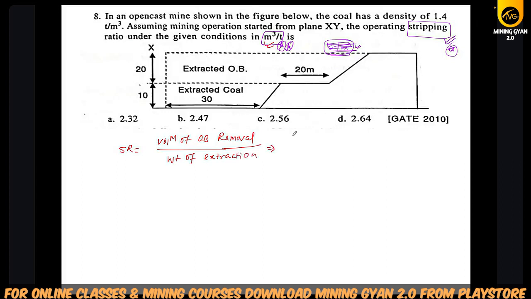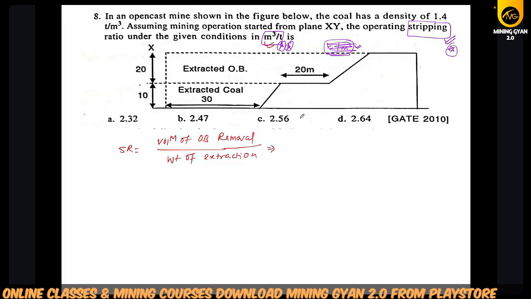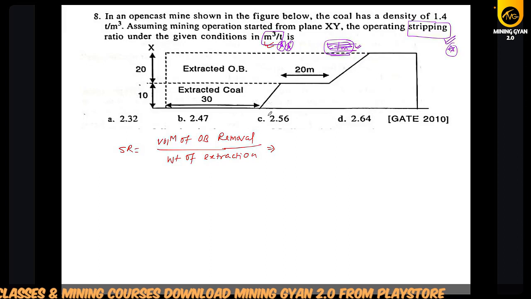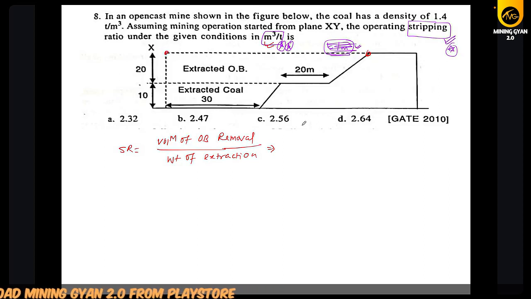So volume of the OB is from this to this. So it is 30, it is 20. So 50.